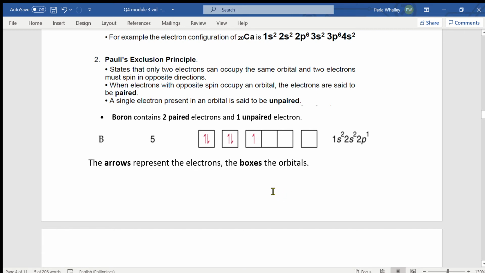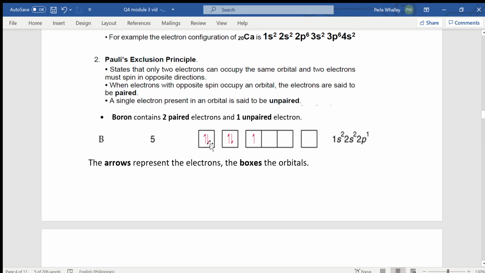Example, boron, which has an atomic number of 5 and an electron configuration of 1s2, 2s2, 2p1. Here the arrows represent the electrons, and the boxes, the orbitals. For 1s2, there are two electrons, arrow up and arrow down.